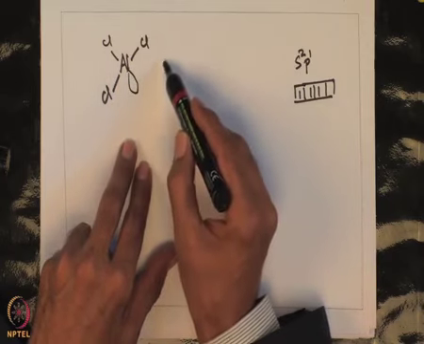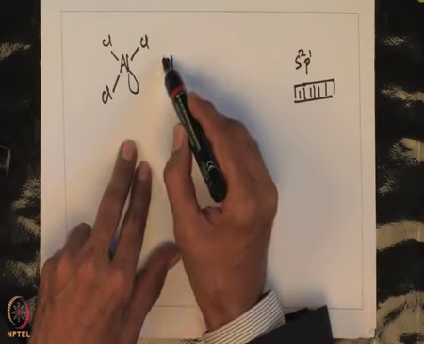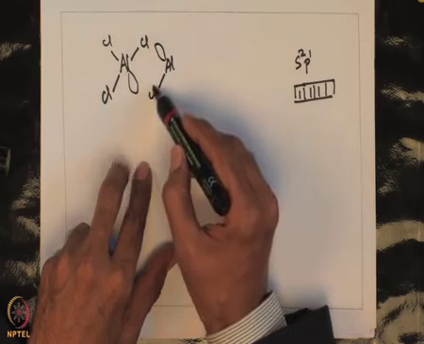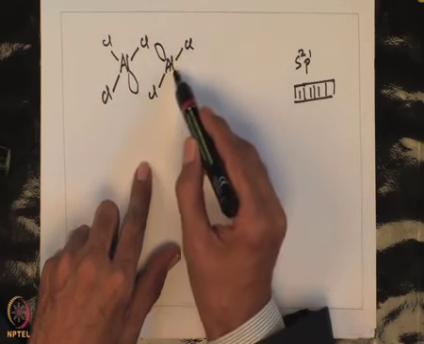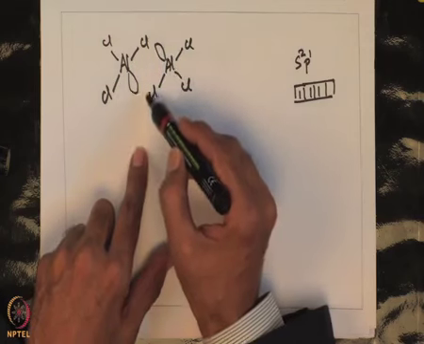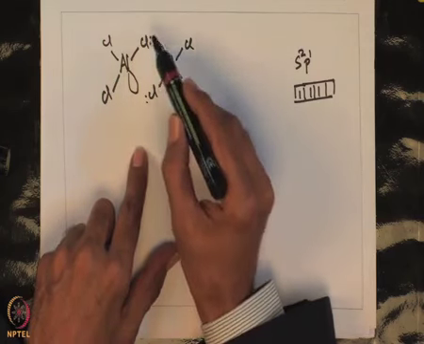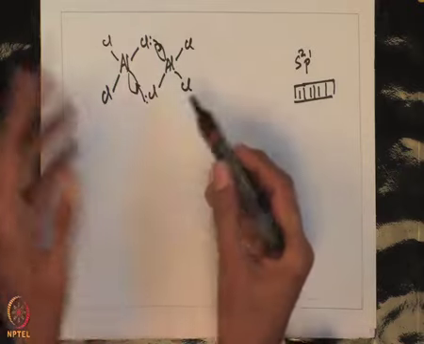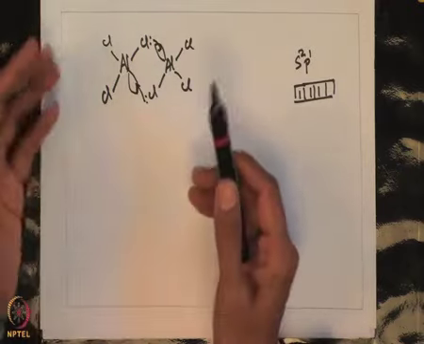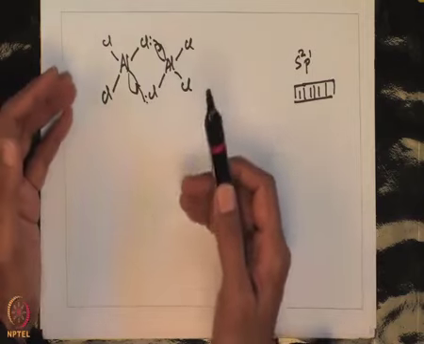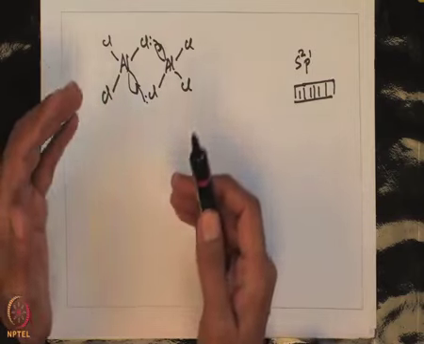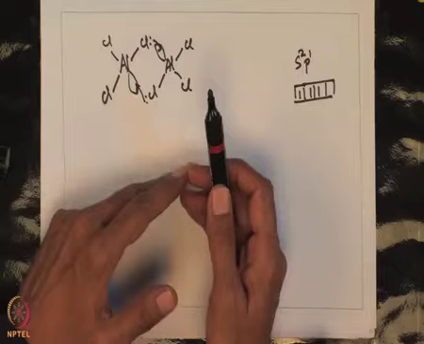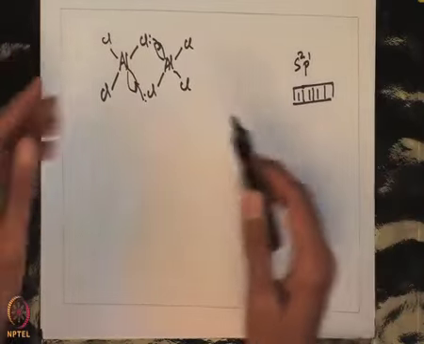Similarly, I can write another one here in the opposite direction. Now this lone pair of chlorine can be given here, and this dative bond forms. This stabilizes the structure.